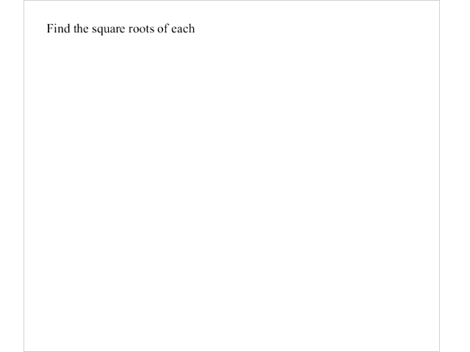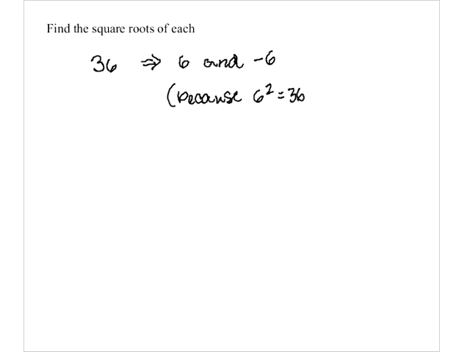Well, if I ask you to find the square roots of, say, 36, that would be 6 and negative 6. And that's true because when I square each of those, 6 squared is 36, and negative 6 when I square it is 36.